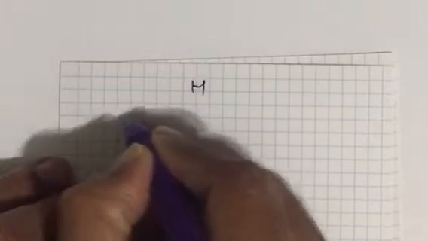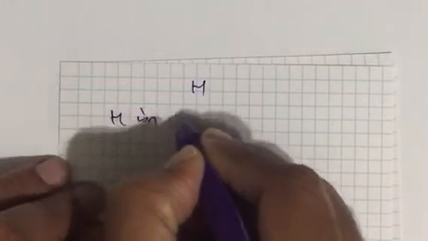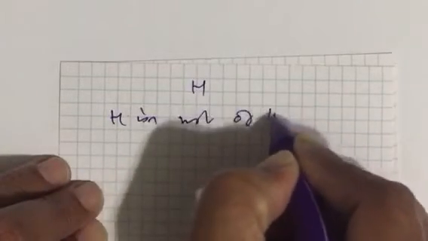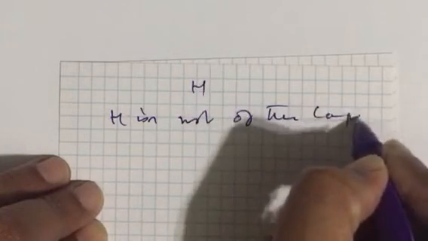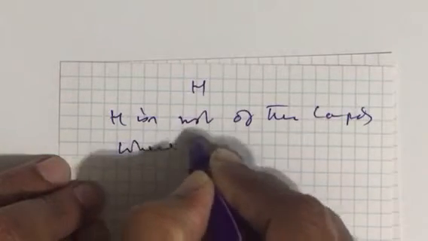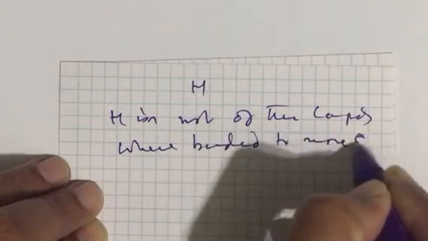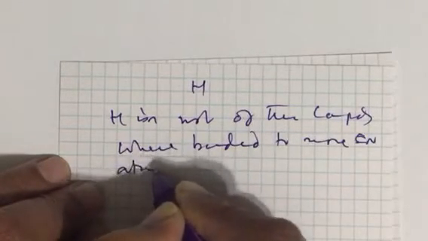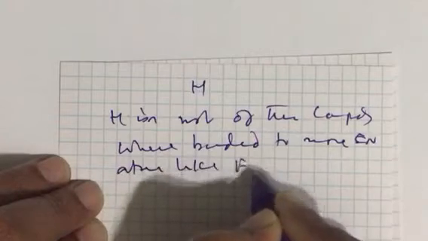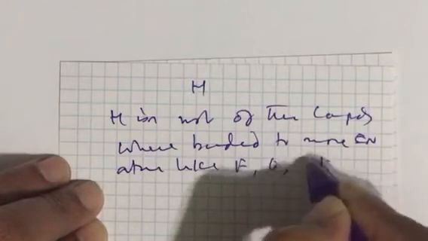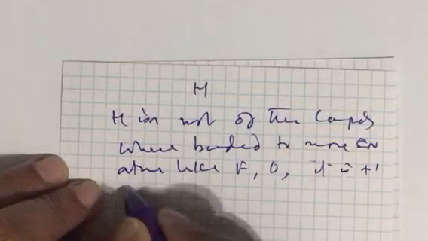But before that, we see another important thing. For hydrogen, in most of the compounds where it is bonded to more electronegative atoms like fluorine, oxygen, it is +1.